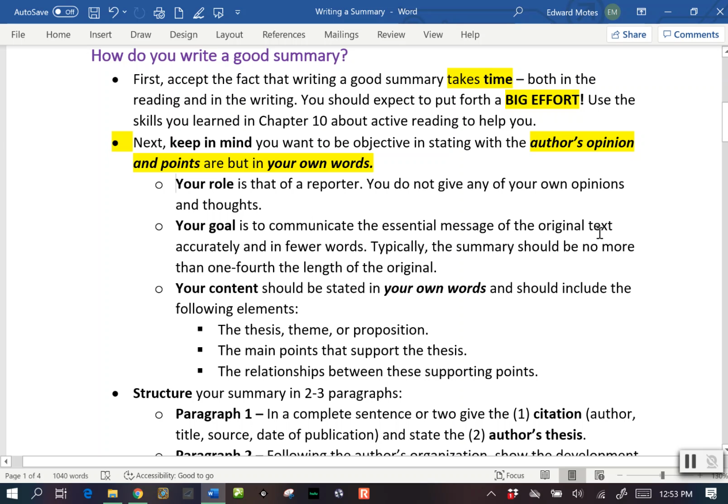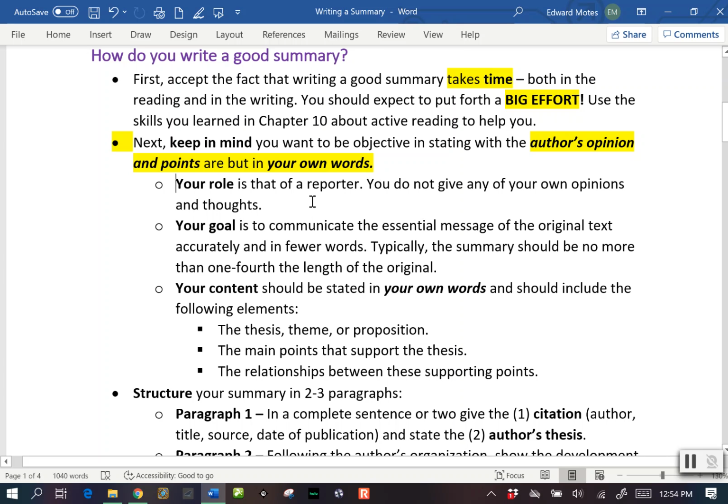That's very important. I will post a video on Cobra in the writing a summary mini folder, a YouTube video of someone explaining how to put something into your own words, and they use the example of Star Wars, and that will help you think through how to put these into your own words.